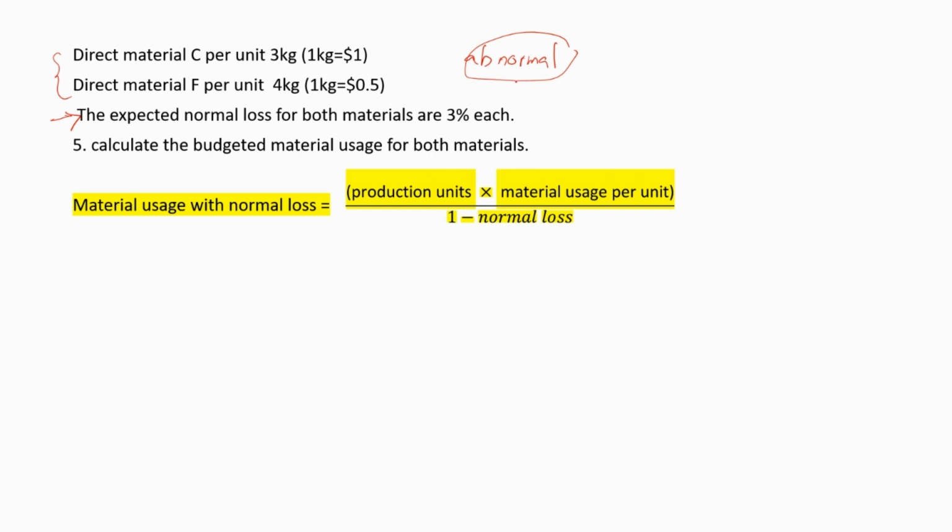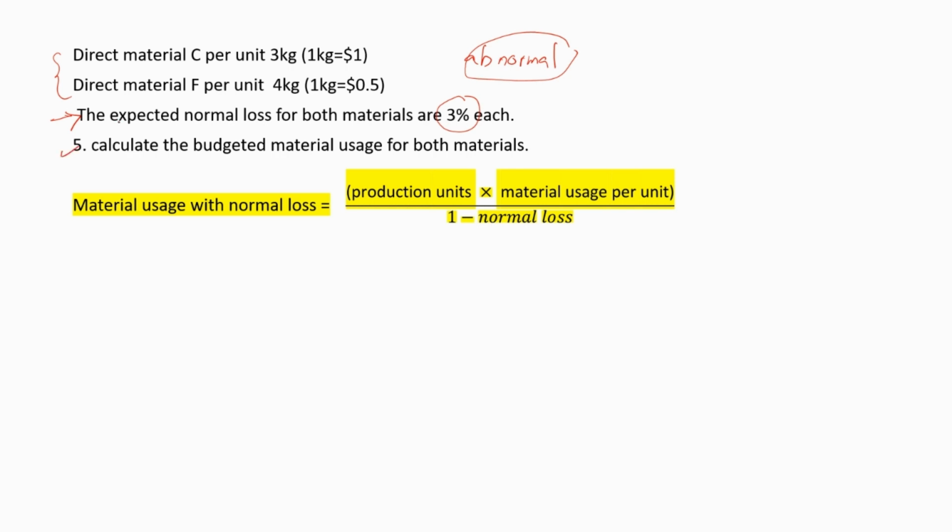If they are expecting a loss, it is called the normal loss. If they are not expecting a loss, it is known as the abnormal loss. So in this example, they are expecting 3% normal loss for each material, which means in the production, 3% of the material will be a waste.